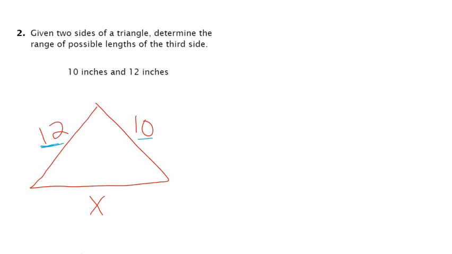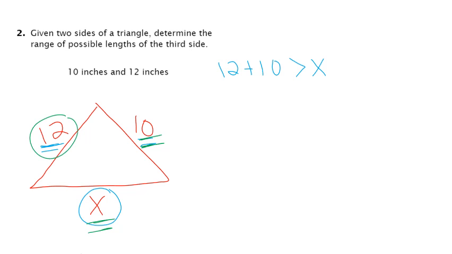So if I add up 12 and 10, it has to be bigger than x. If I add up 10 and x, it has to be bigger than 12. And then the last one, if I add up 12 and x, it has to be bigger than 10.